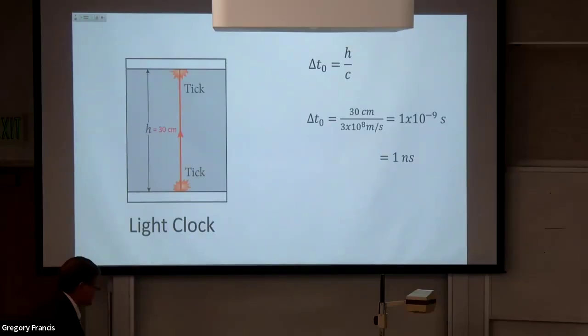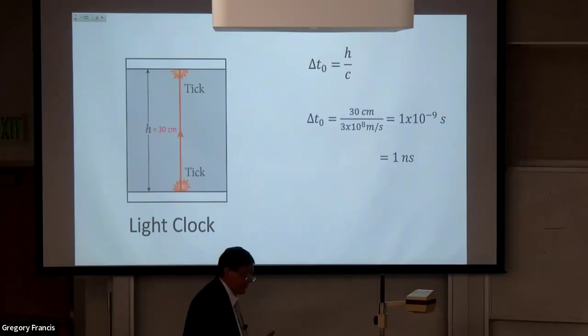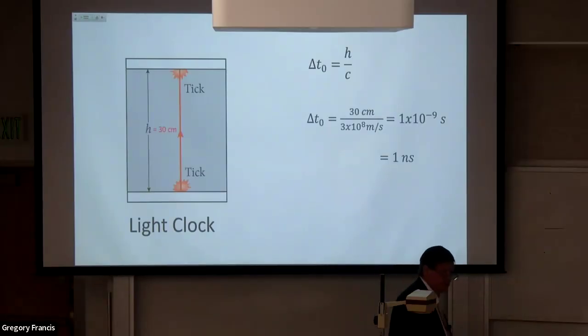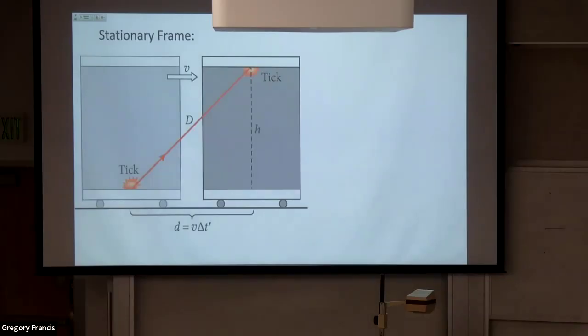Okay, but that's the time that we measure if we're in that container, essentially with the clock. However, if that clock is moving relative to the sidewalk, an observer on the sidewalk is going to see something different. Okay?